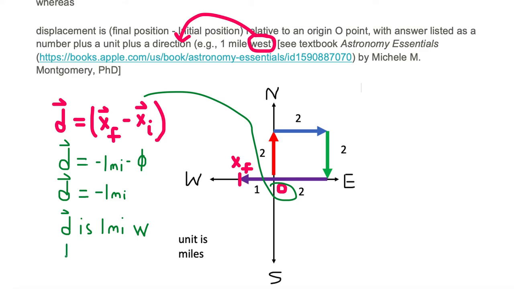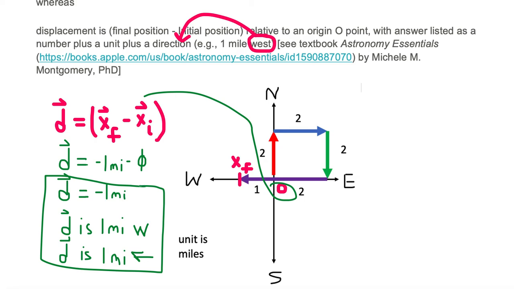Or you could say the displacement is 1 mile in this direction. And the reason why I can put an arrow is because I have this graph already shown where an arrow to the left is indicating west. So one of these three answers is acceptable along with this diagram.